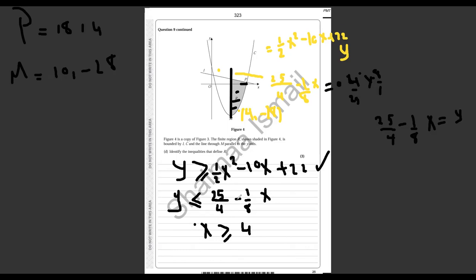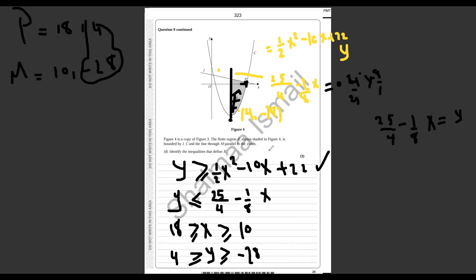So we can say that x is more than 10 and less than or equal to 18, and y is greater than or equal to negative 28 and less than or equal to 4.